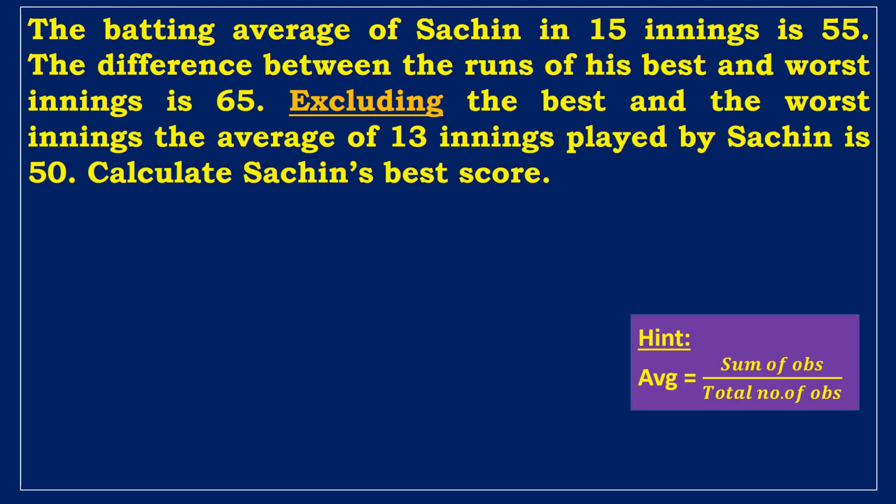Now, we can use this new average to find the mark of the student, which is 18. We can write 76 minus 2 into 18 is equal to 40. So, the mark of the student is 40.